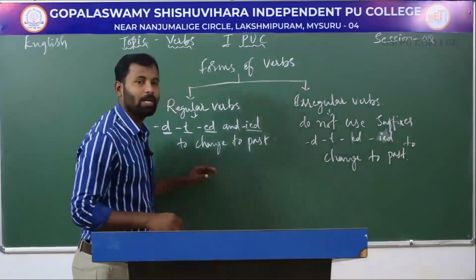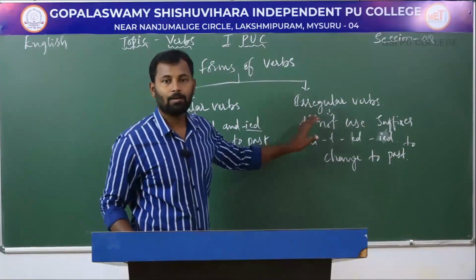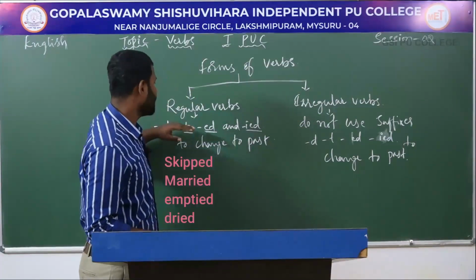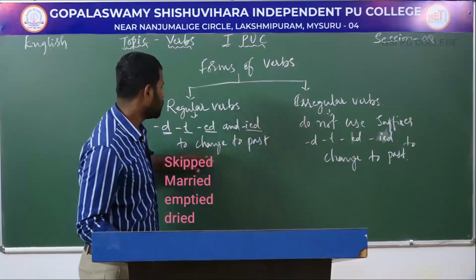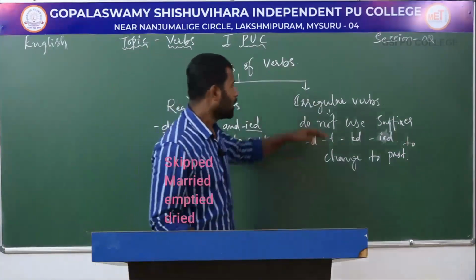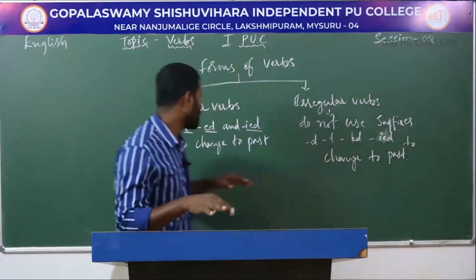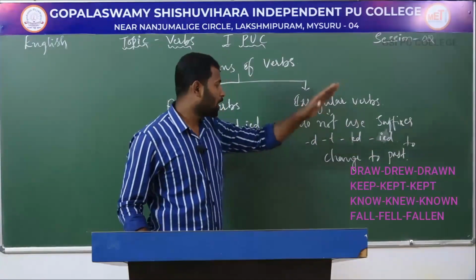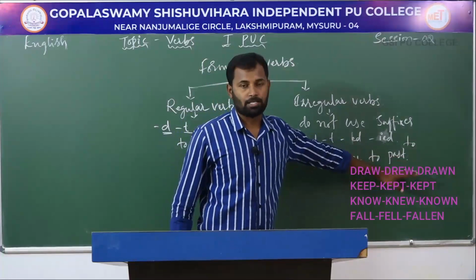So this is the only difference between regular and irregular verbs. Regular verbs use suffixes D, T, ED and IED to change to past, whereas irregular verbs do not use any of these suffixes in order to change to past tense.